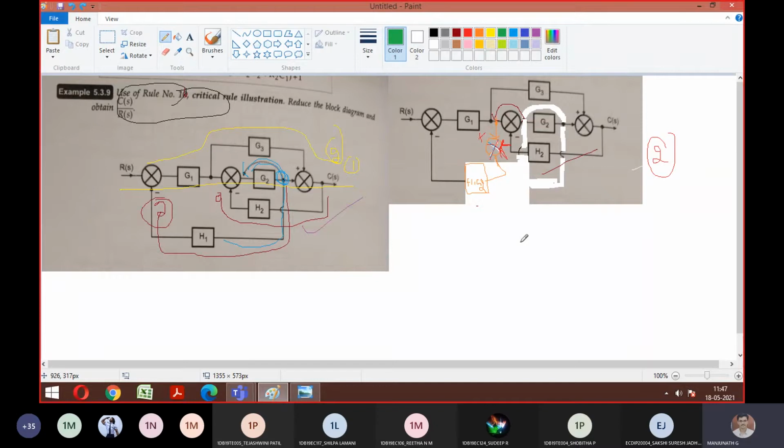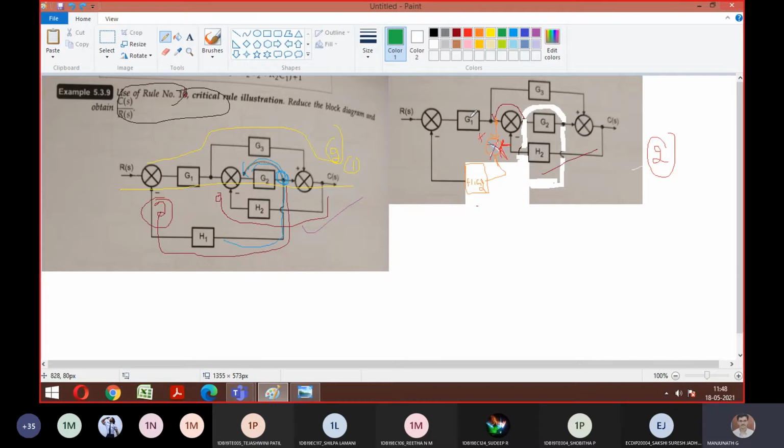So separating the feedback path is what you are supposed to do whenever you see such things. Is it okay? Now you should tell me how to split this.